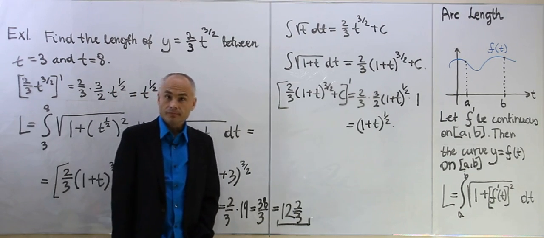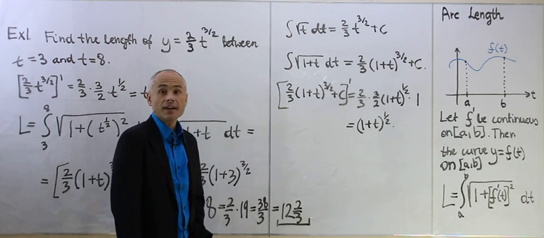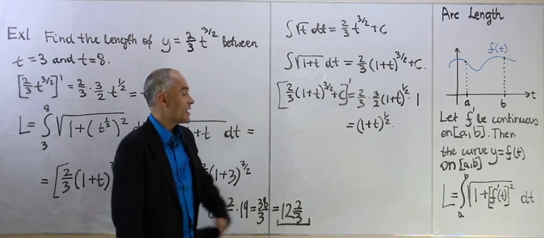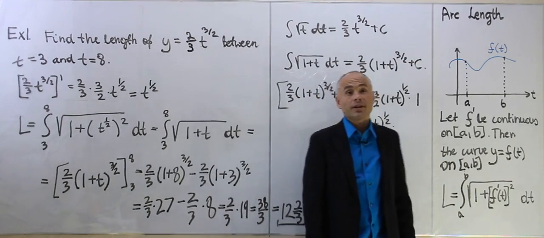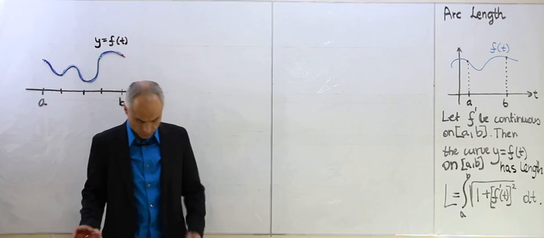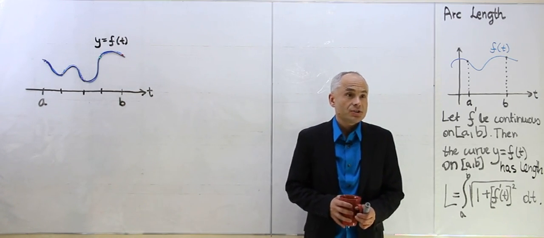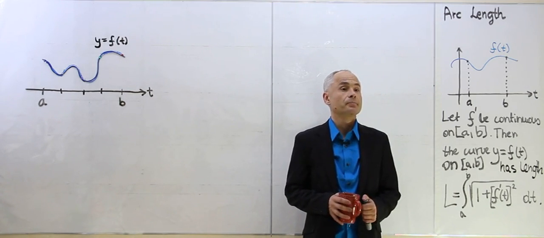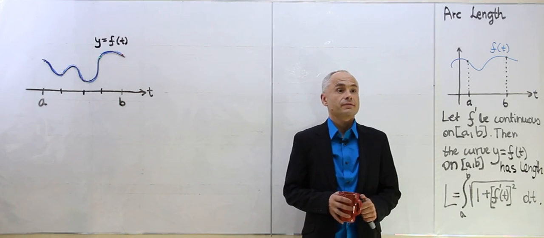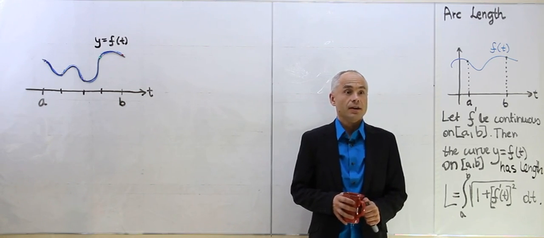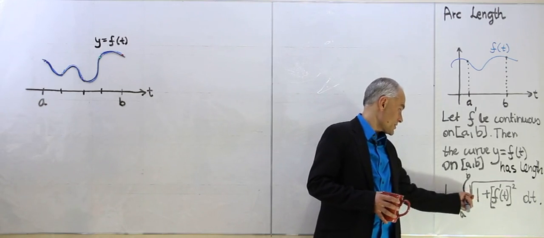Let's now define arc length and try to derive the main formula in today's lecture. We are now going to define the notion of length, and we will derive this key formula.